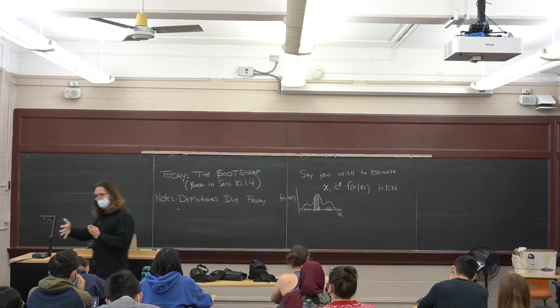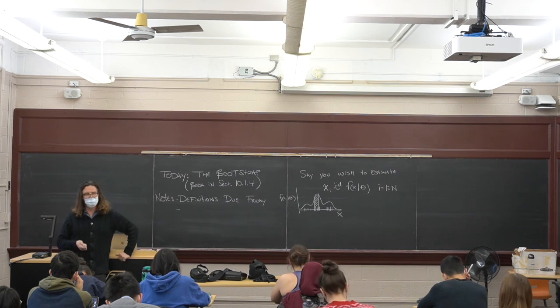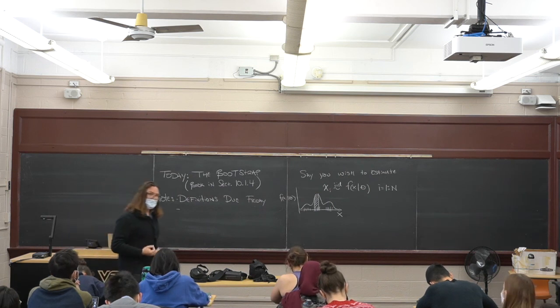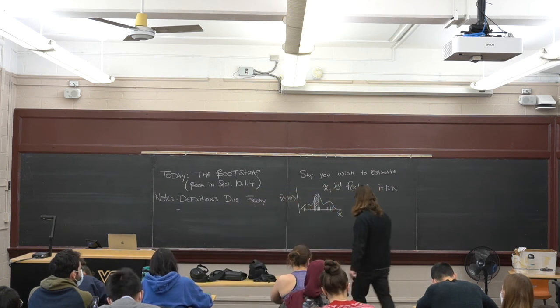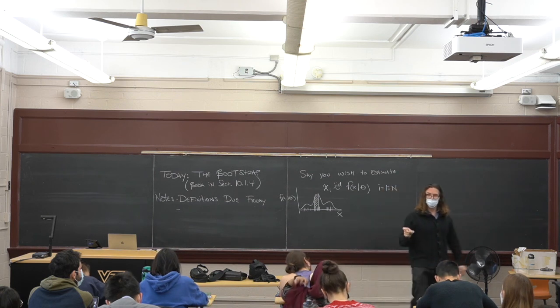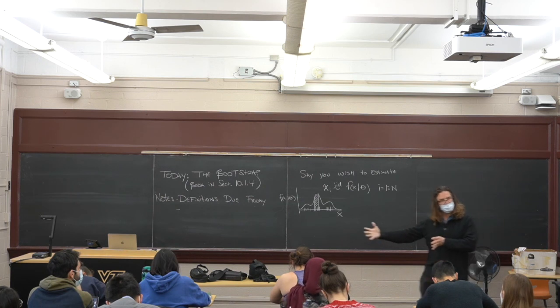So in some interval, if I just repeat sampling, my relative frequency of seeing some number of data points is proportional to the area under that part of the curve. Of course, this is an asymptotic thing. If I just take one data point, then it's going to be somewhere in here. It's not going to reflect the relative frequency that's proportional to the area under the curve. If I see more and more data, it's going to fill that out.